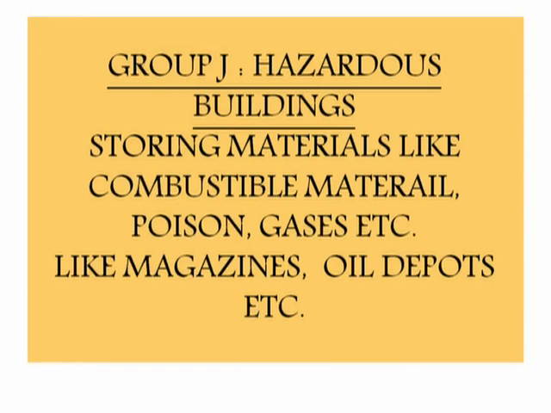So if proper care is not taken, there are chances of fire. This type of buildings which are susceptible to some hazards are known as hazardous buildings. These buildings store materials like combustible material, like poison. Some of the chemical industries are storing different poisonous gases.